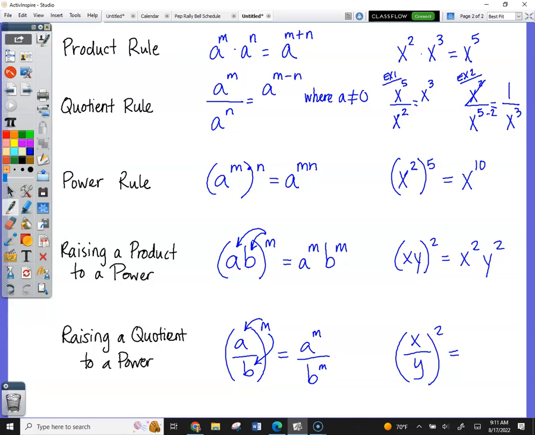So if I had x over y quantity, when I say quantity, I mean whole thing, squared, it would be x squared over y squared.